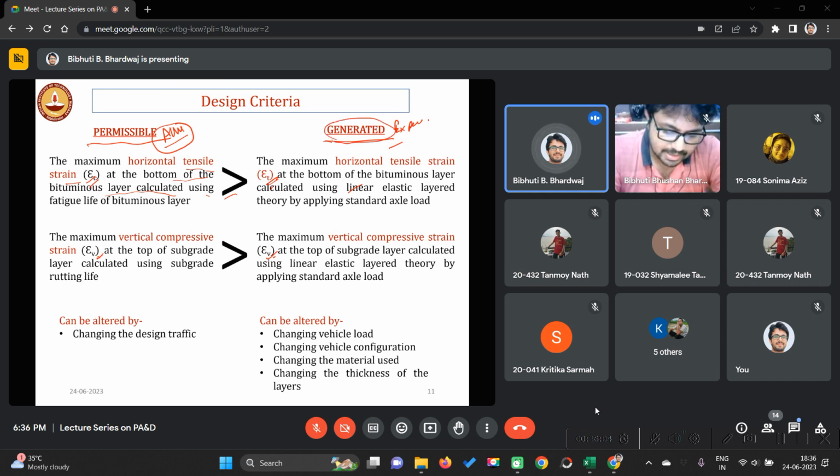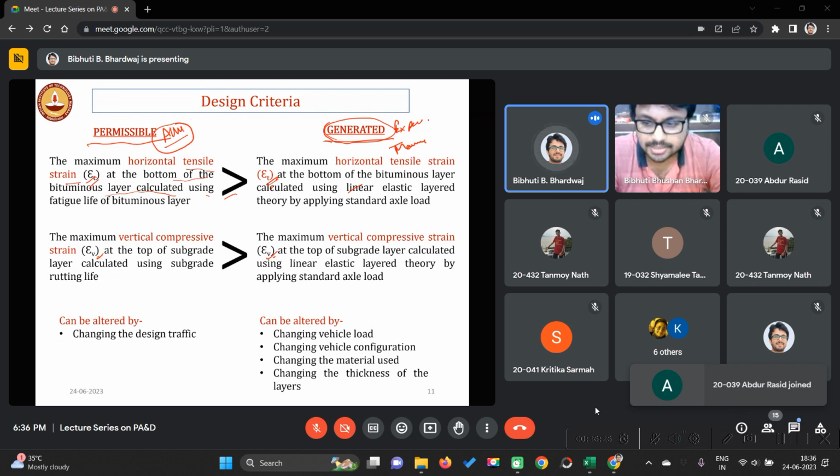And this generated value has to be calculated either manually, if you have attended the analysis classes, then you know how to do it manually, but that is limited by some assumptions. In the three layer theory we learned, the Poisson's ratio is assumed to be 0.5, but it may not be 0.5, it is generally 0.35.